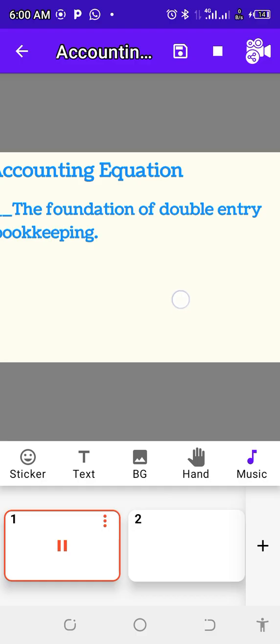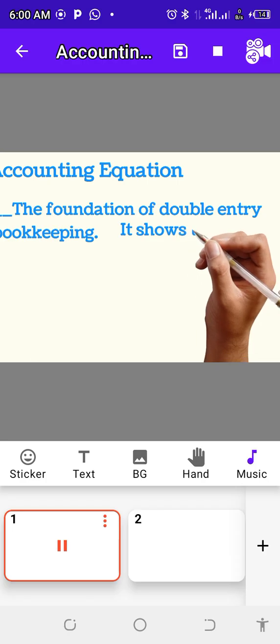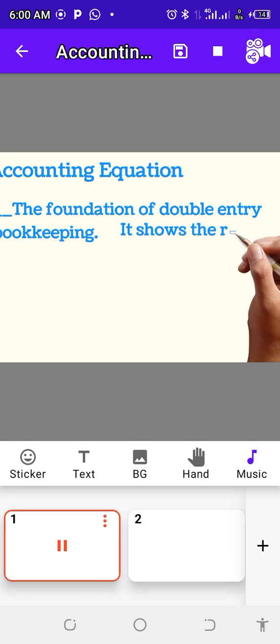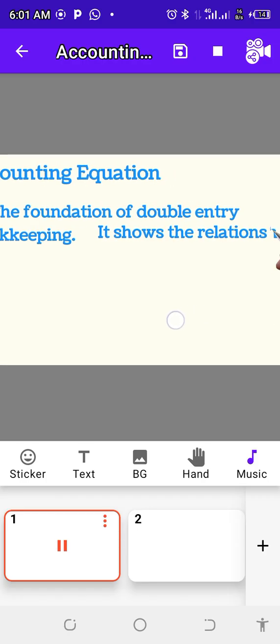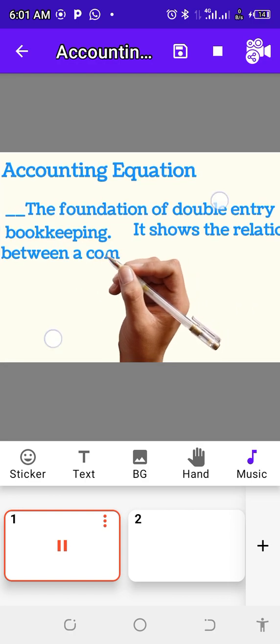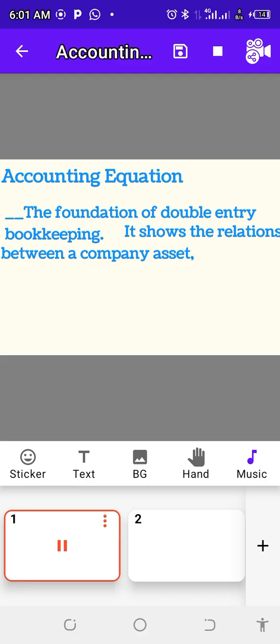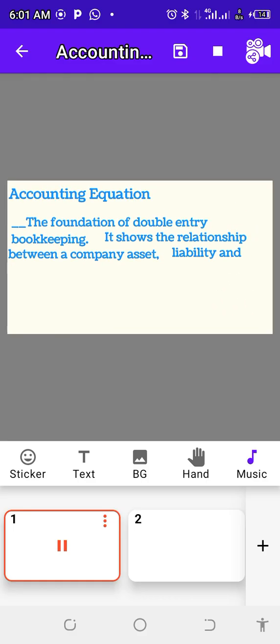The foundation of double entry bookkeeping, it shows the relationship between a business's assets, the business's liability, and equity.